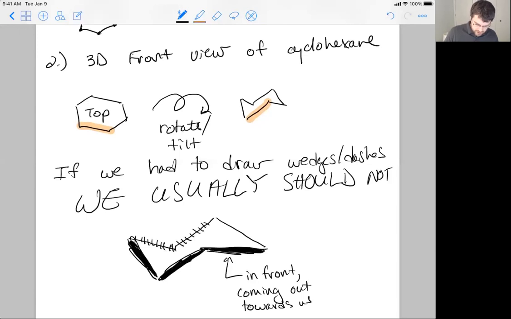And for every wedge, there truly is a dash. So I have 3 dashed bonds that are more raised or kind of higher up, but in reality, they're directly behind the wedge carbons, but we've just tilted it so that we can see the molecule. Remember, this is truly a sort of tilted front view of a hexagon. Okay, so these are in back.